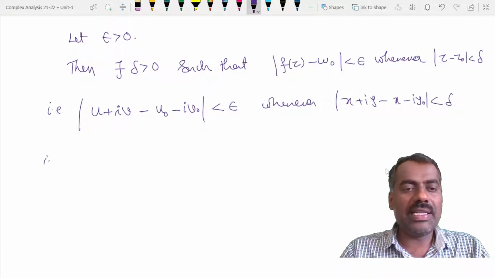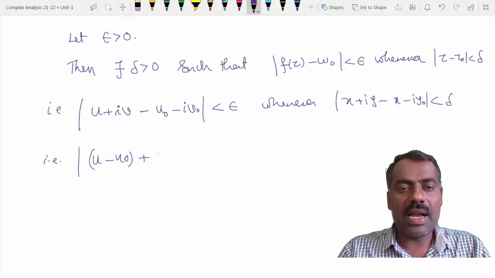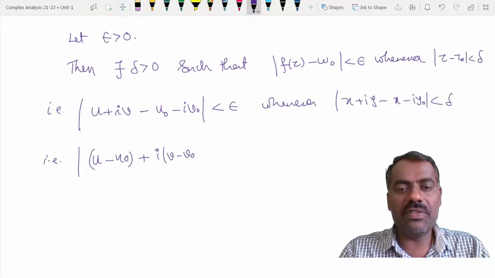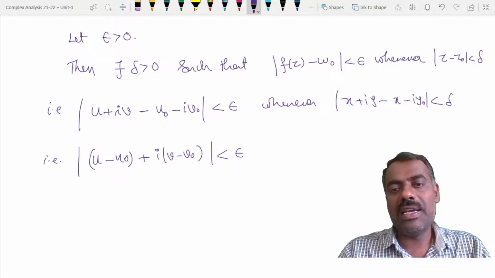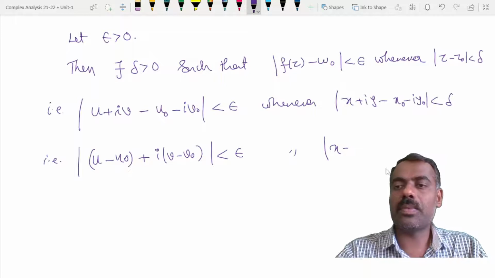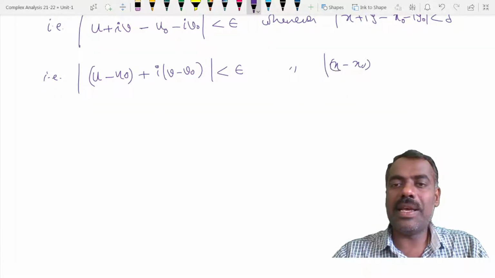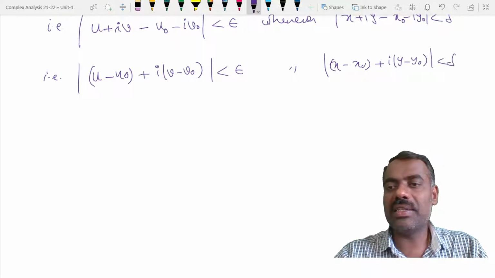That is the same as writing real and imaginary parts: mod of u minus u naught plus i times v minus v naught is less than epsilon whenever mod of x minus x naught plus i times y minus y naught is less than delta. Is this clear?